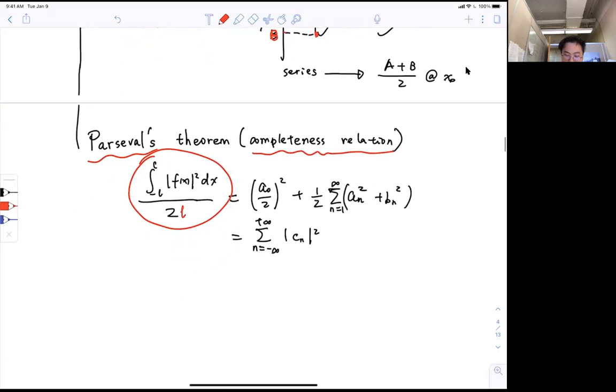By the way, this is nothing but v dot v equal to v1 squared plus v2 squared plus vn squared plus dot dot dot, if you regard this function as a vector.